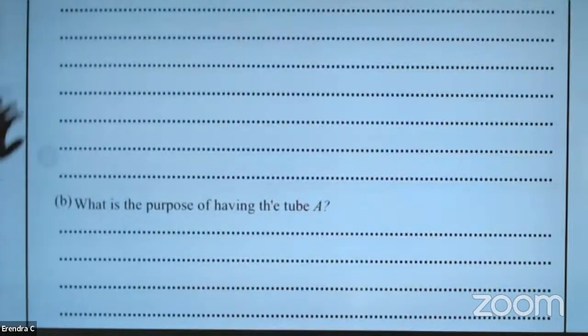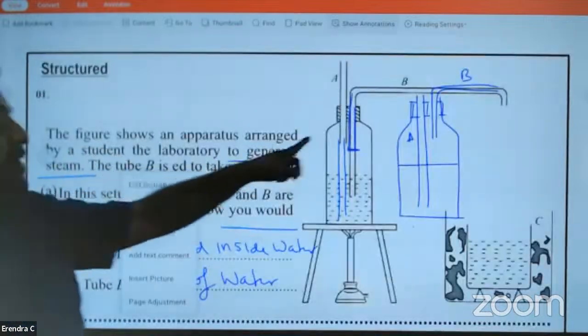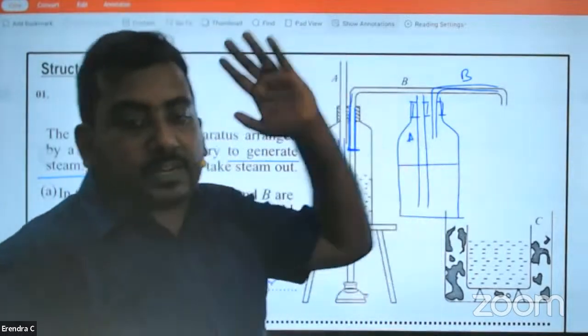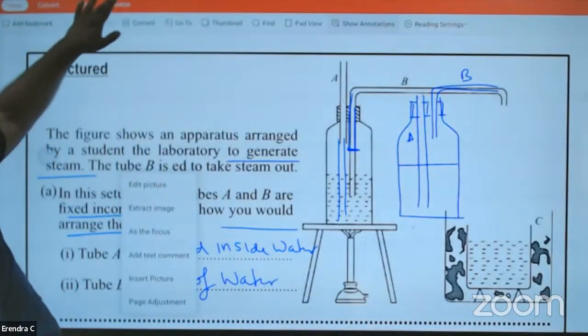What is the purpose of having tube A? Why do you have tube A? Tube A is to regulate the excess pressure.